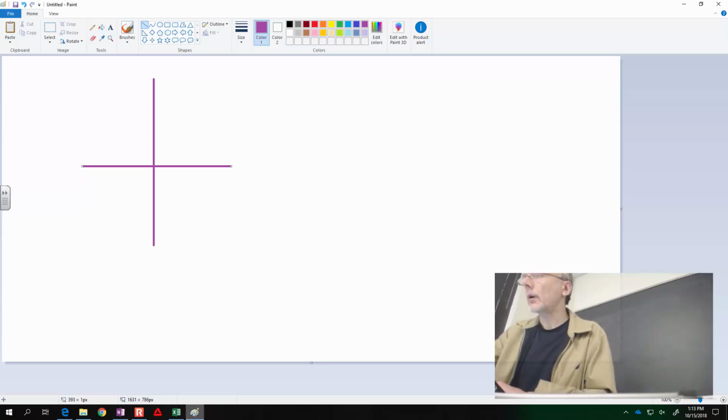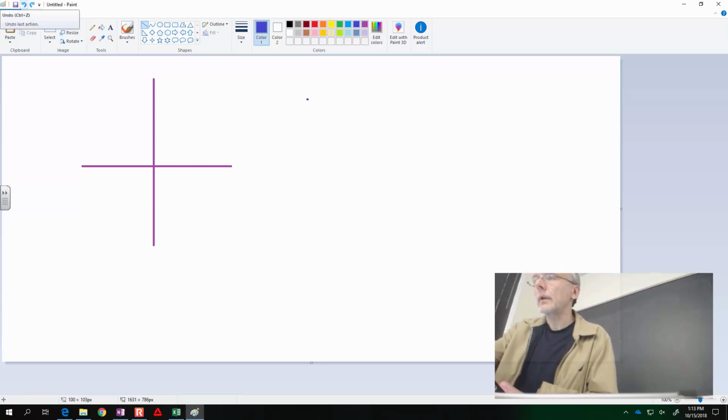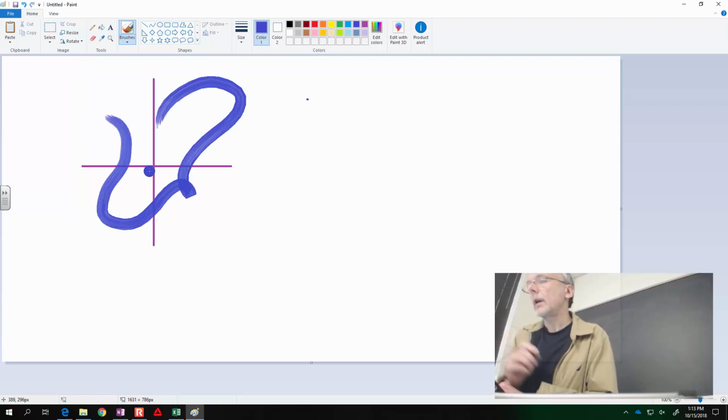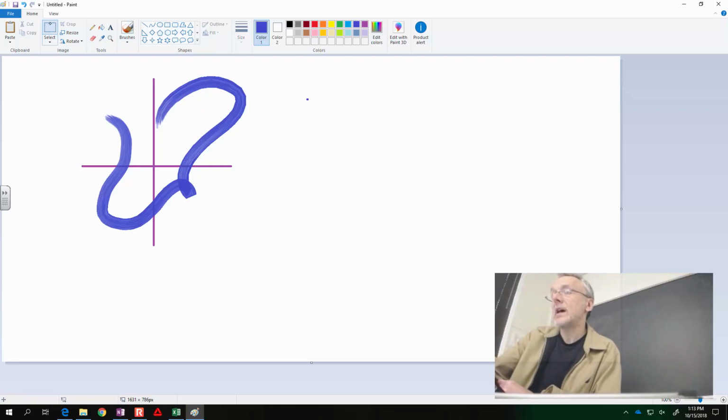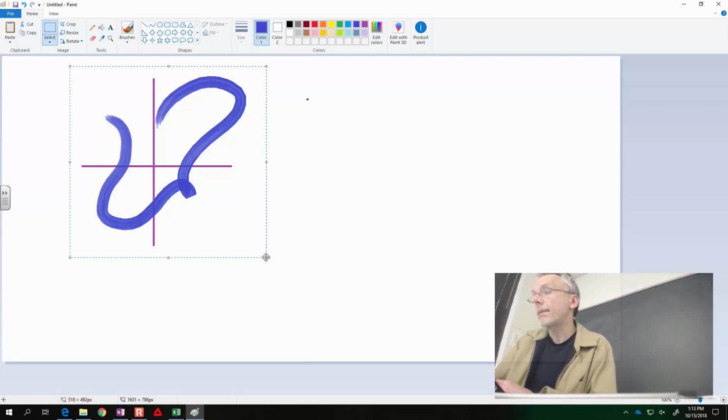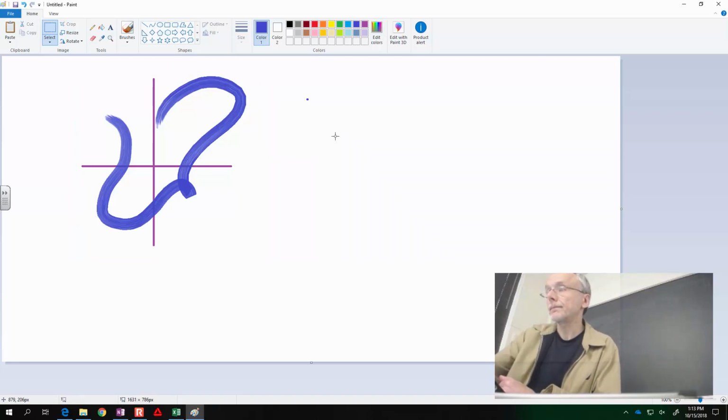I could draw anything on it, and then I can once again examine what is happening to the xy plane in the same manner I just showed you.